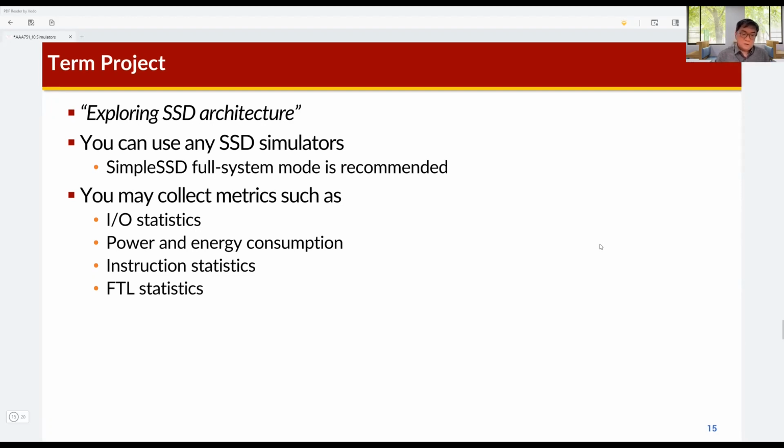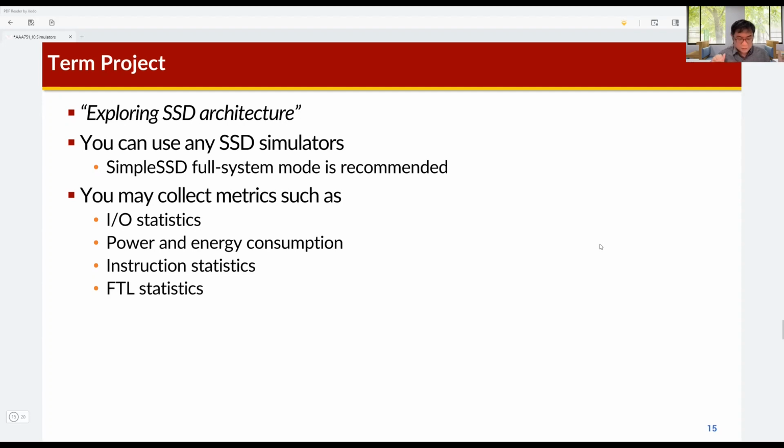You can measure I/O statistics, like input and output performance metrics.